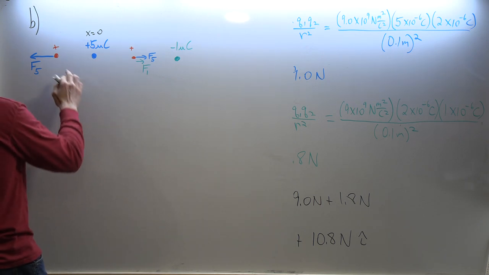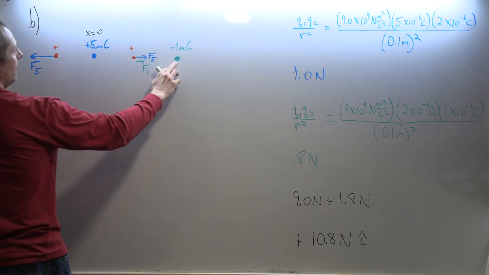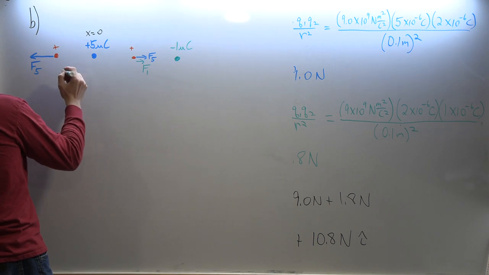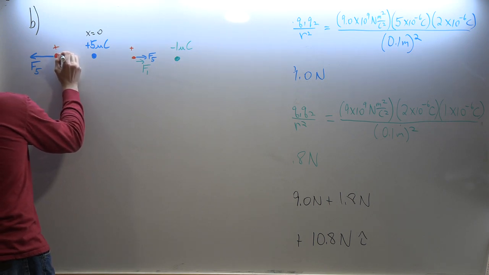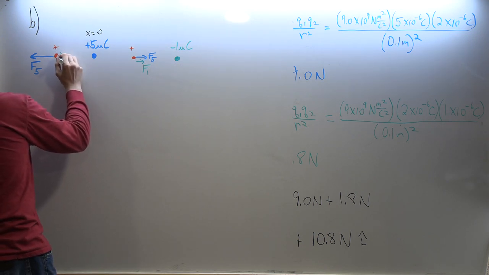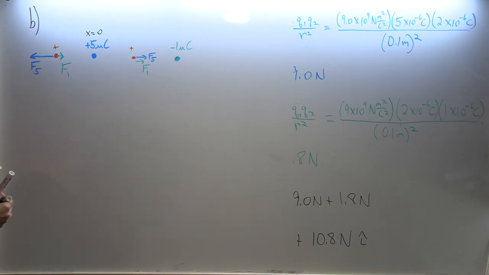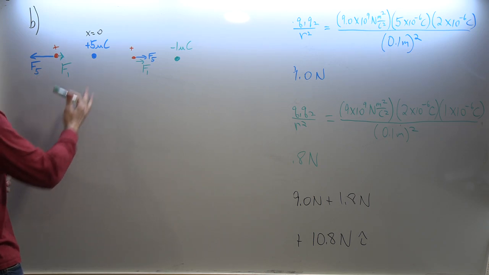Now, this positive and this negative will attract each other. But I'm going to draw this arrow shorter because it's always shorter in this region to the left.